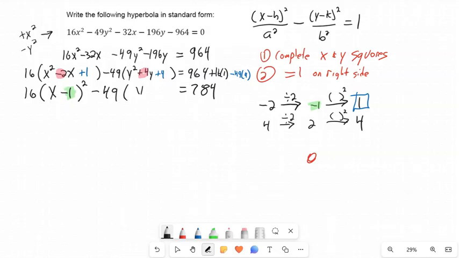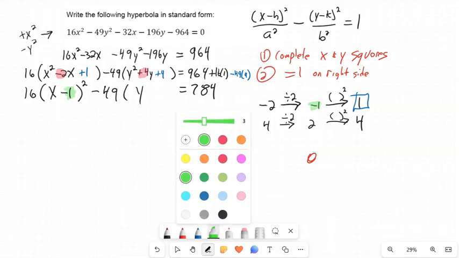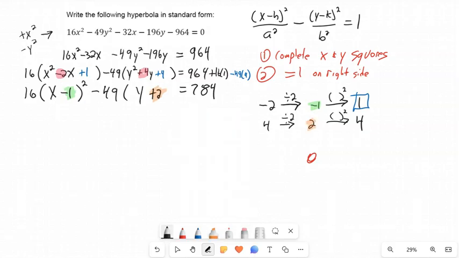So this y is going to be a different color just so you can see, plus 2 squared. We have now completed the completing the square on the x and completing the square on the y goal. Check. And now we have to make equal 1 on the right side.